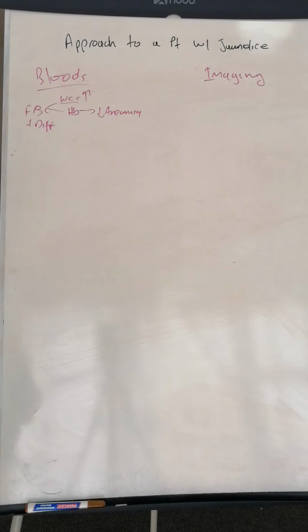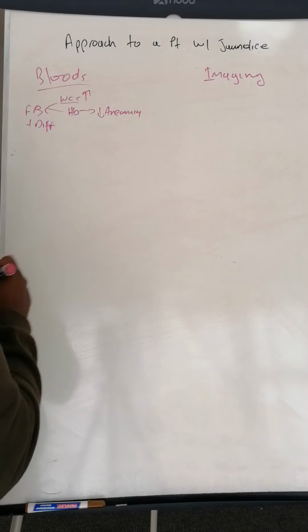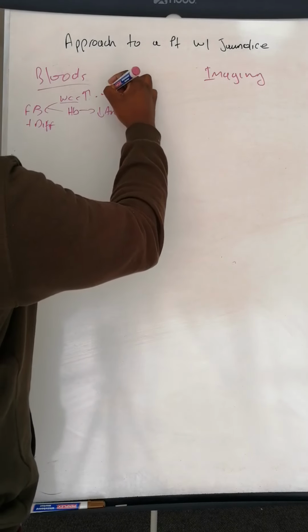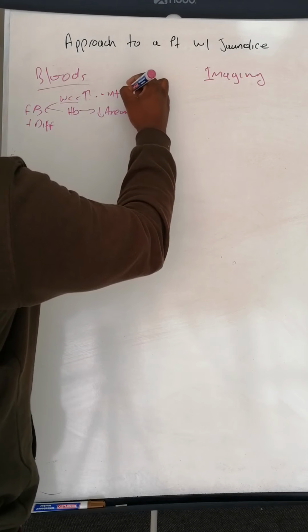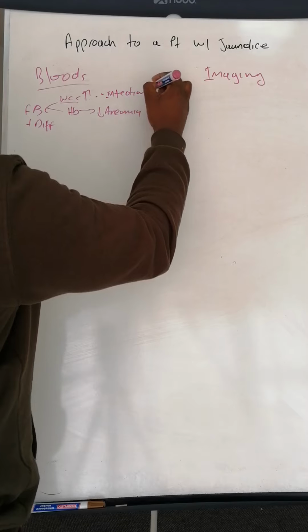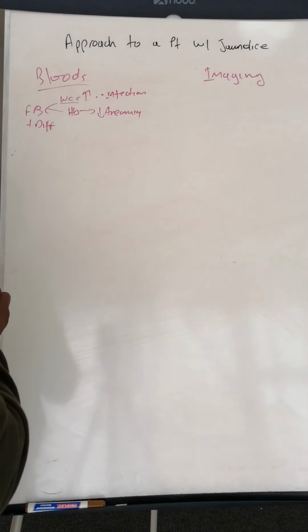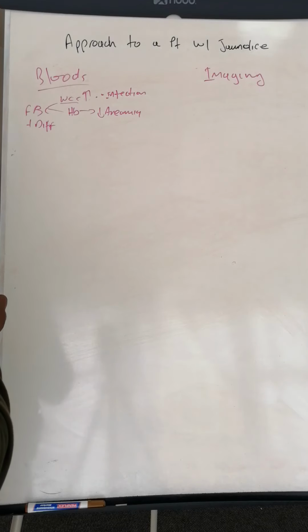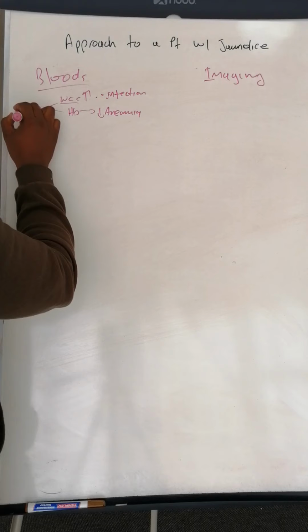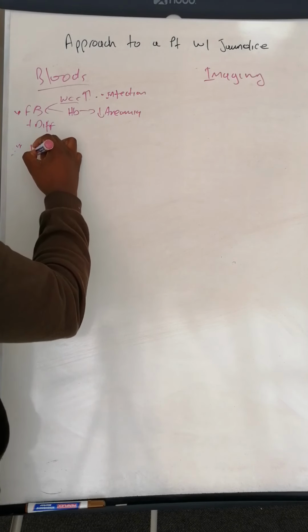So the white cell count on the FBC will help us check if there's infection, be it viral or bacterial ascending cholangitis.